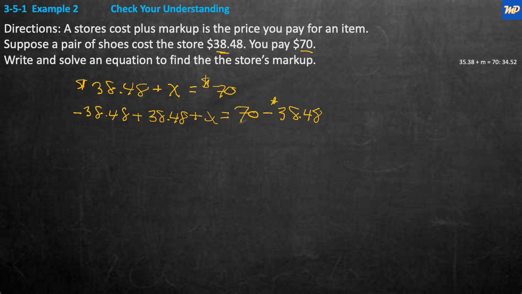So to get the X by itself, we're going to add the 38 and negative 38 together, and we're going to get X equals $70 minus 38.48. And if you put it on your calculator, you're going to find out that X is equal to $34.52.